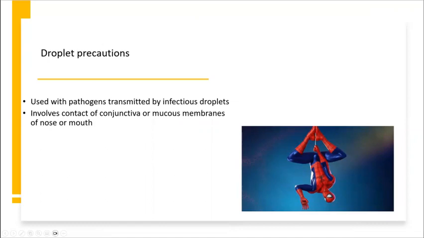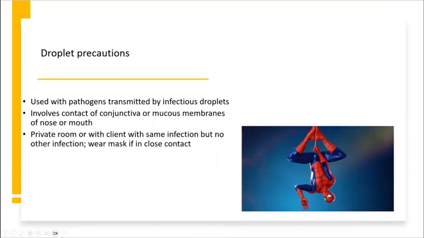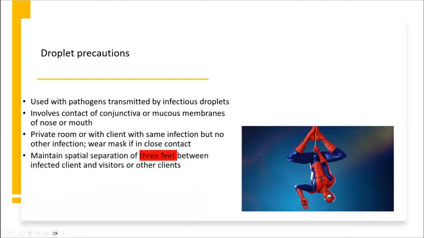So with clients with droplet precaution, we're going to place them in a private room or with clients with the same infection. So we're going to wear masks if we're in close contact with this client. We're also going to maintain a spatial separation of 3 feet between infected clients and visitors or other clients.